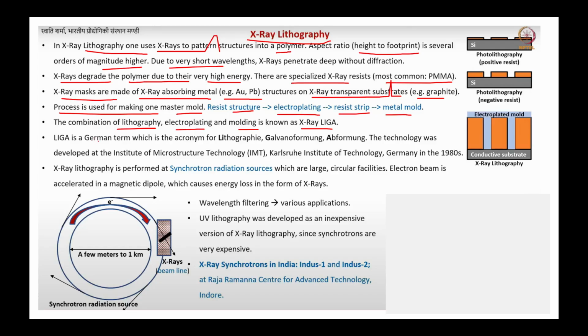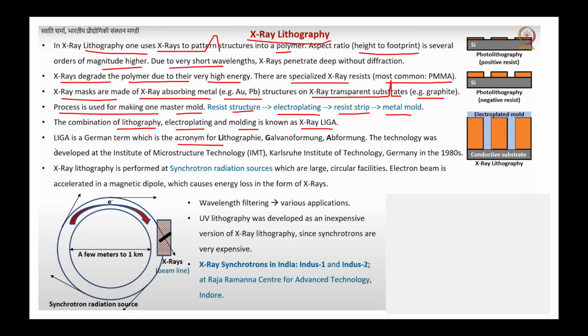So LIGA is a German term, an acronym for lithography. And what is the other form? Li is lithography, G is galvanoforming, and A is for forming.